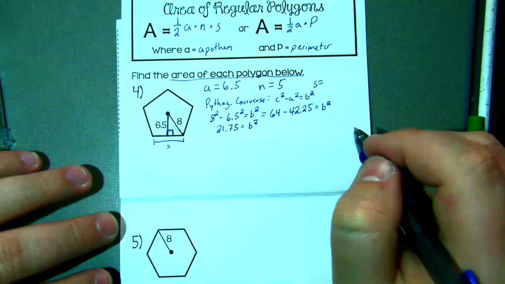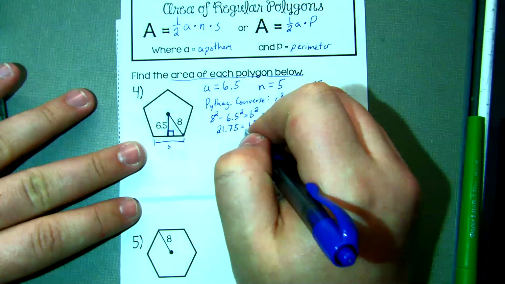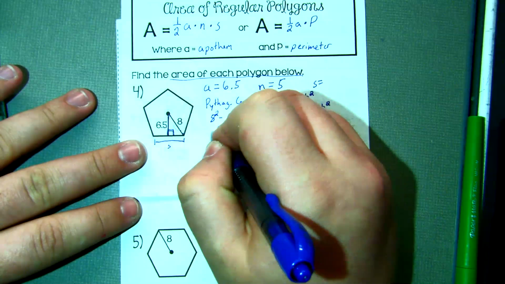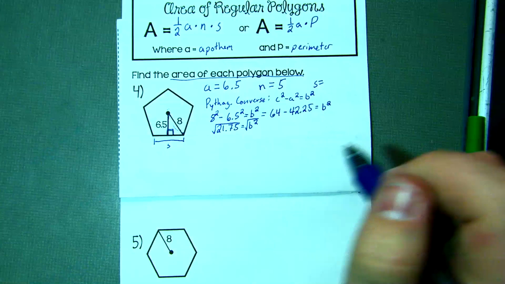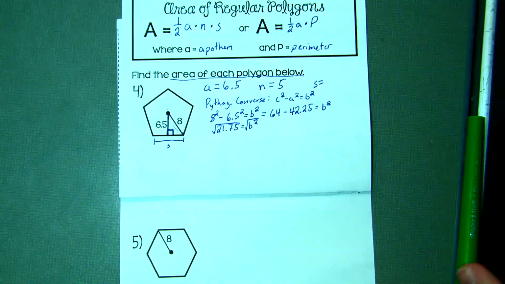The last step we need to do is square root both sides. The good news on a problem like this is that we do not need to simplify our radical. We can just plug it into the calculator and take the approximation.